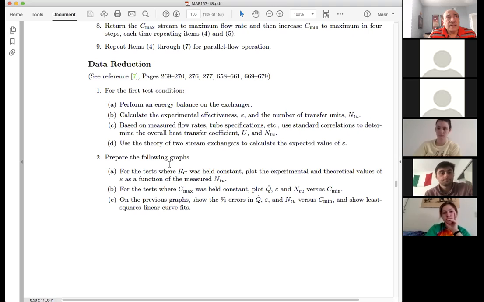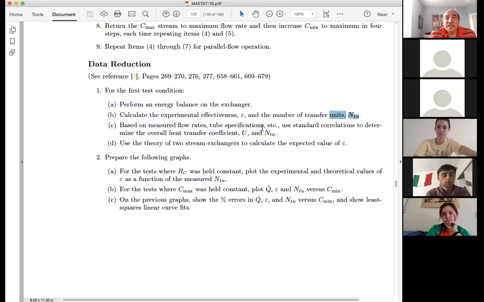And then if I look at my screen here, the requirement is we did two tests. And what we want to do is perform an energy balance. We want to calculate the effectiveness and the number of transfer units. And then we are going to use heat transfer correlations, because we will find out that for the NTU, we must calculate the heat transfer coefficient, which means that we're going to have to use correlations to get there.